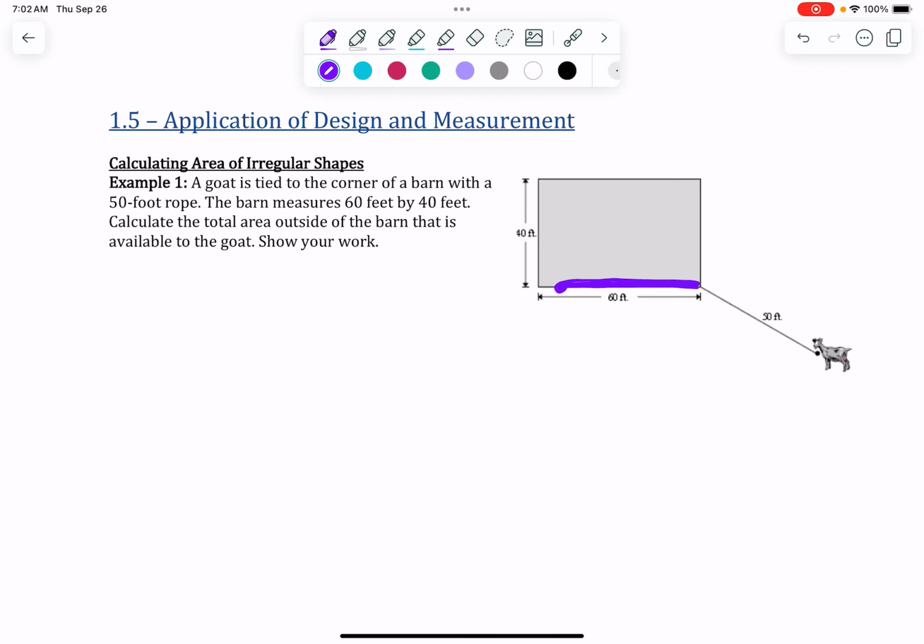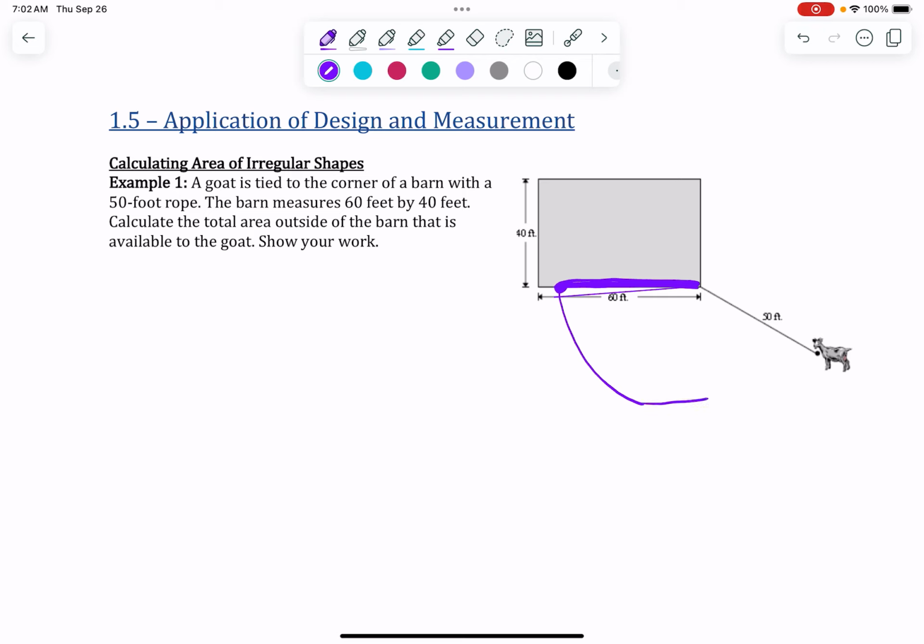Okay. Now notice, as I was drawing or moving this line here, that rope can be super tight the whole time. And I could get all the way over here. Now, the shape that I just traced out is like a circle. It's because the goat's leash acts like a radius.